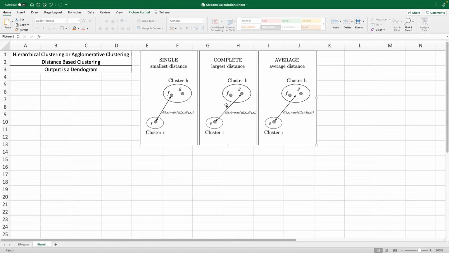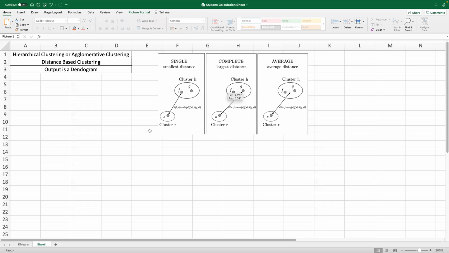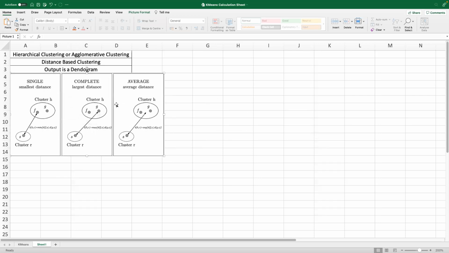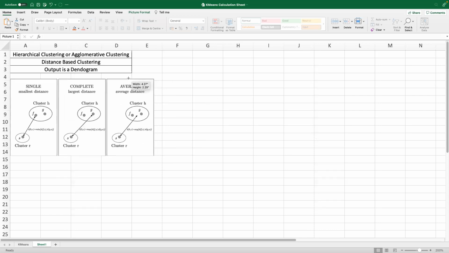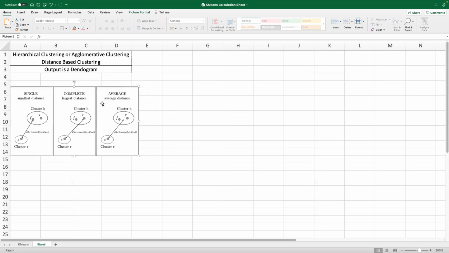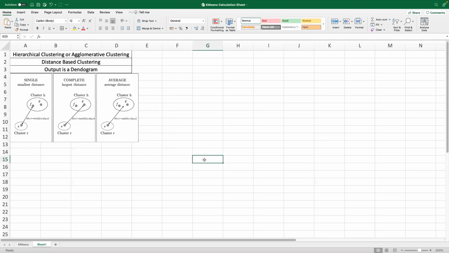The complete method uses the largest distance between two clusters. Average will calculate the average of the values, and then the distance between the average and the cluster is taken into consideration. So these are the three methods: single linkage, complete, and average.